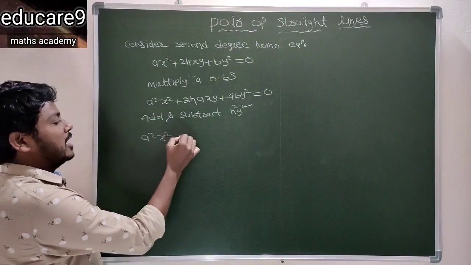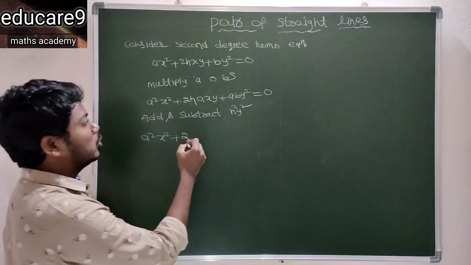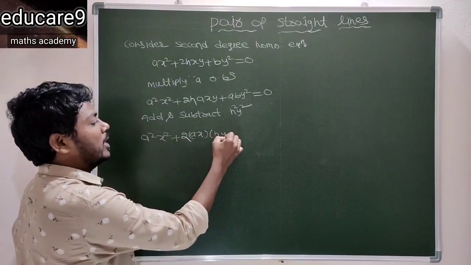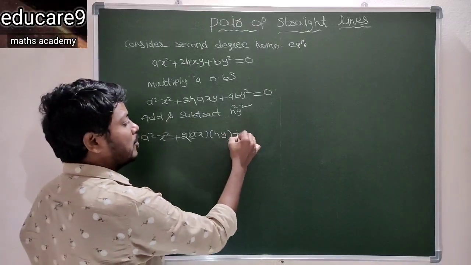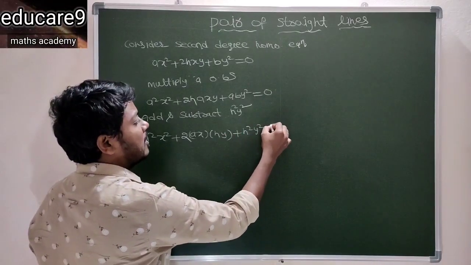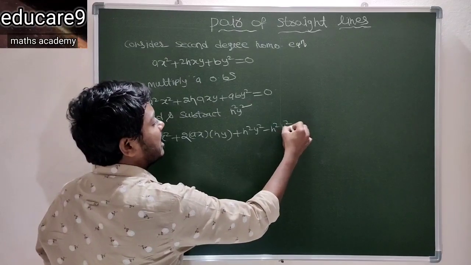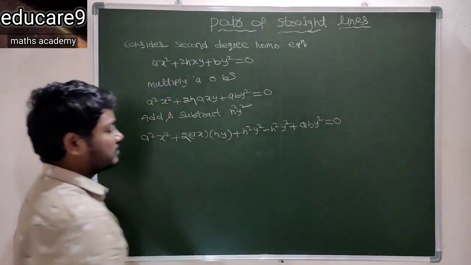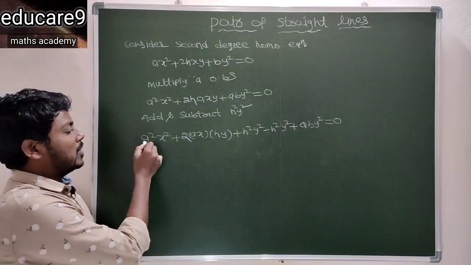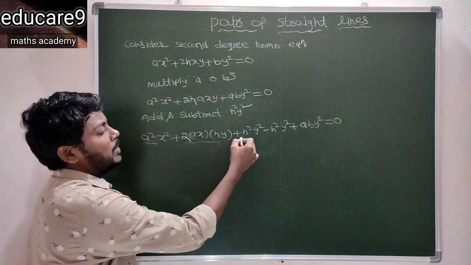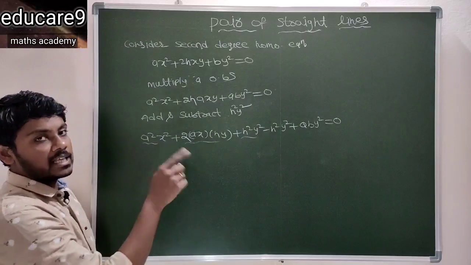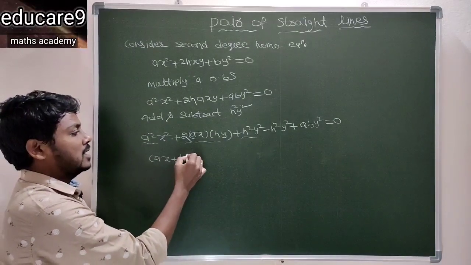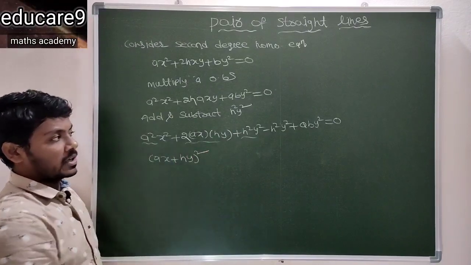A square x square plus 2 ax into hy, plus h square y square minus h square y square plus ab y square equals to 0. So clearly it is in the form of a square plus 2ab plus b square. So this can be written as a plus b whole square, that is ax plus hy whole square.